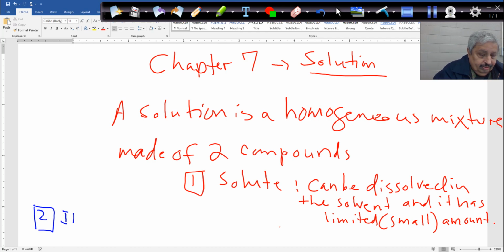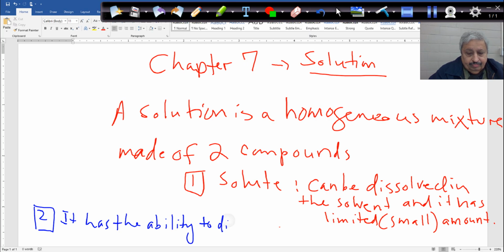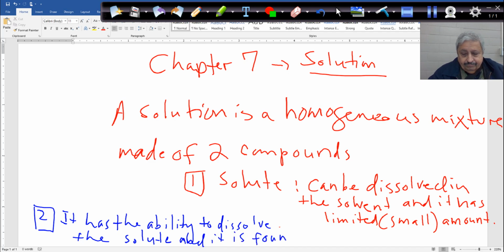So it has the ability to dissolve this solute, and it is found in large amount.